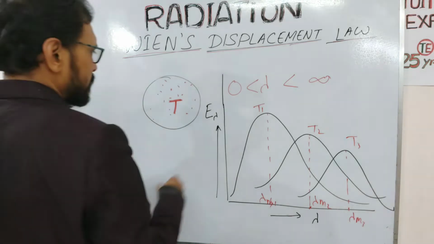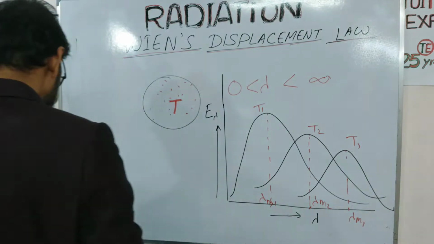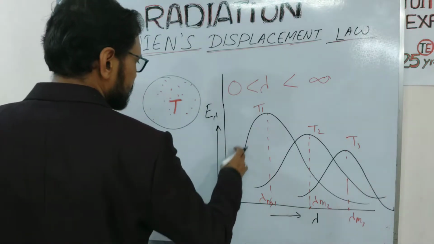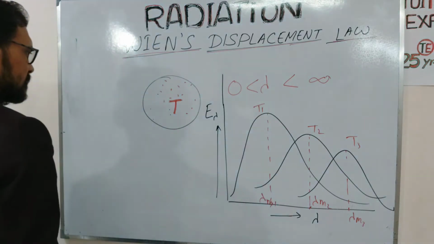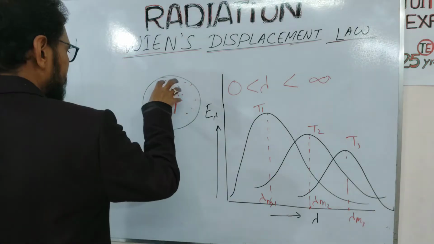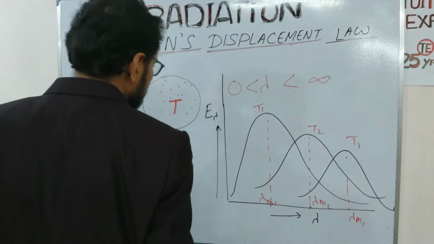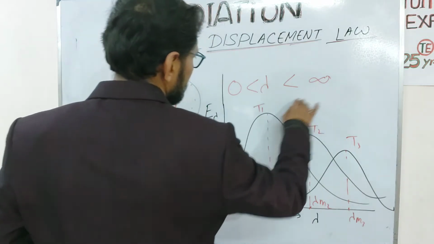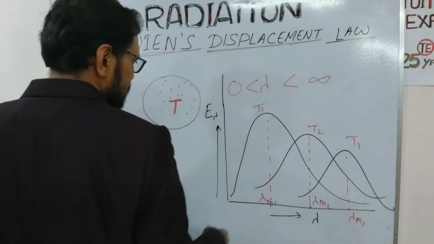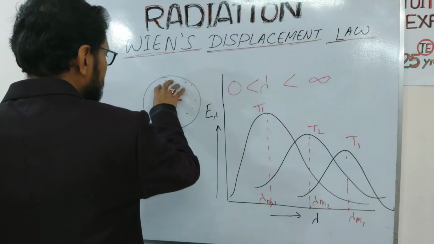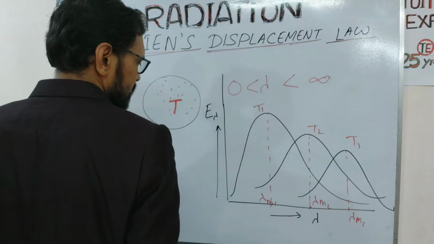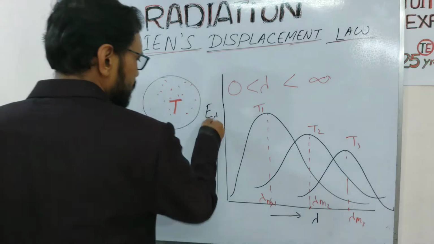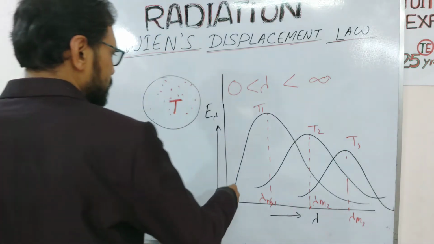So if we draw the graph of E lambda, the spectral emissive power, versus lambda, we get different graphs at different temperatures. At a particular temperature, the body radiates thermal energy at all different wavelengths, and the energy radiation will be different for each.